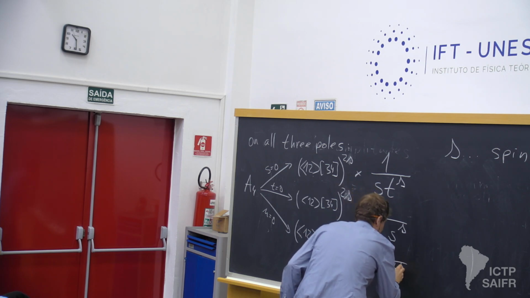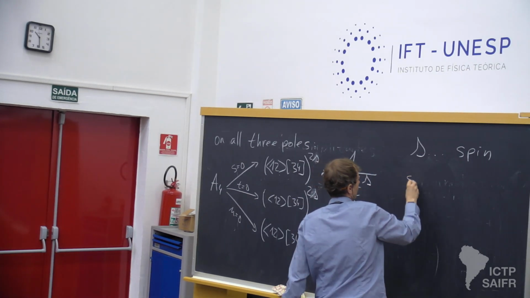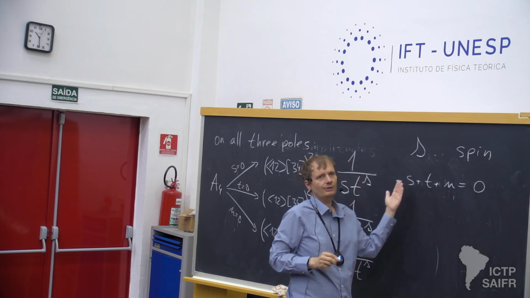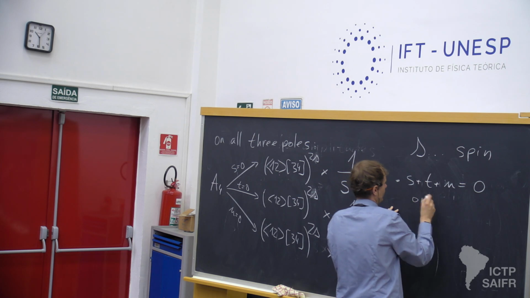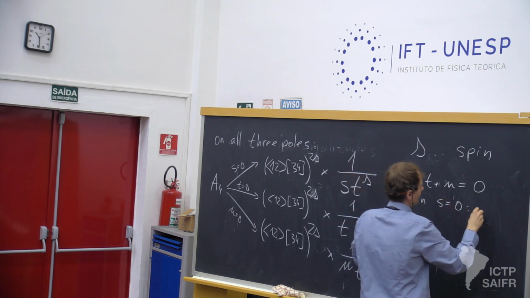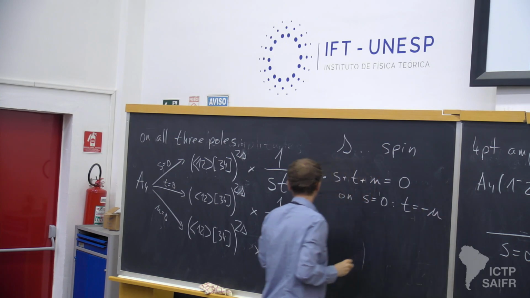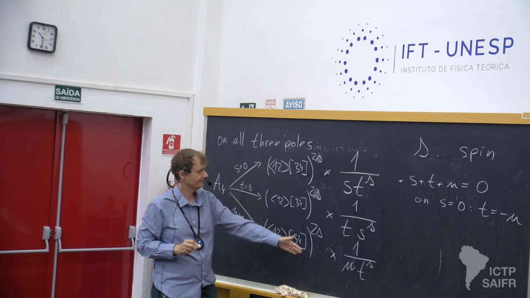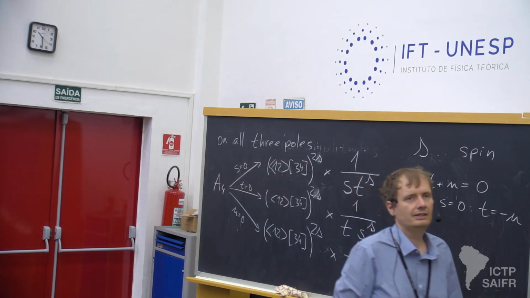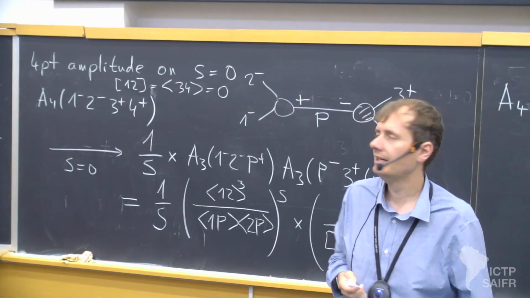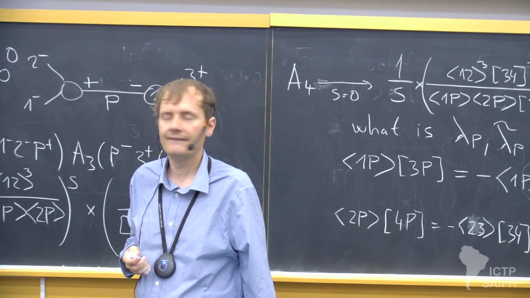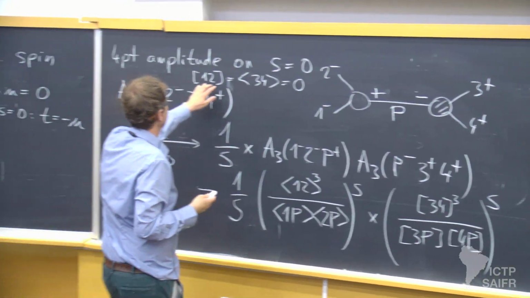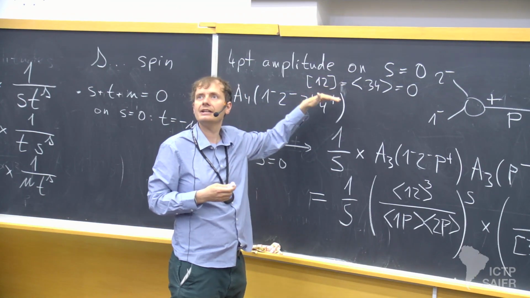Now note that we had this relation S plus T plus U is 0. So one of the variables is always redundant. For example, on the S equals 0 pole, T is equal to minus U. So there are more ways to write these expressions on the poles. Yes? Right, good.